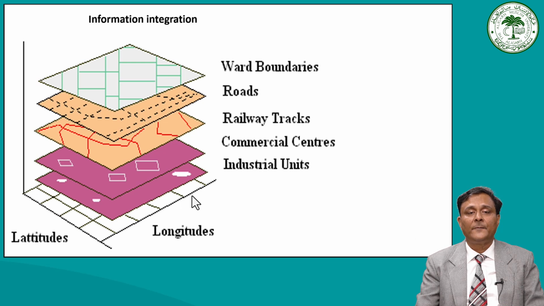For the same area, much attribute information is integrated in spatial information science, and thus it may also be called an integrating information technique. If you see here, the same geographic coordinates, with specific latitude and longitude or xy coordinates, can have ward boundaries, roads, which would be a line entity, ward boundaries as polygon entities, a railway track as another line entity, a commercial center as a point entity, and industrial units as an area entity.